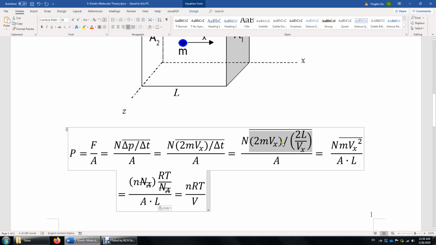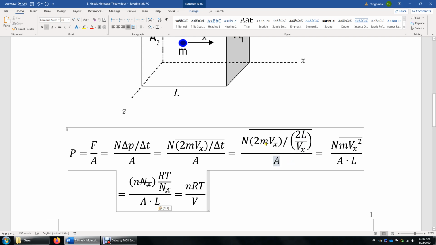But first, let's combine vx and vx. It's going to be vx squared. Let's cancel this 2 with this 2. Let's move this L to the bottom because L is a constant.